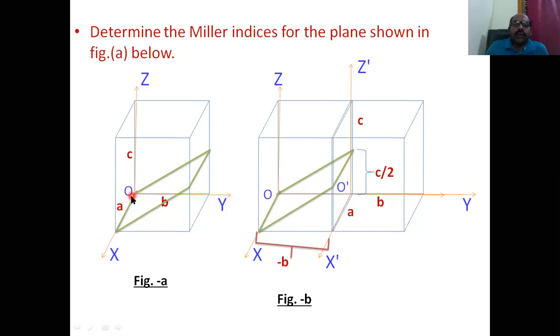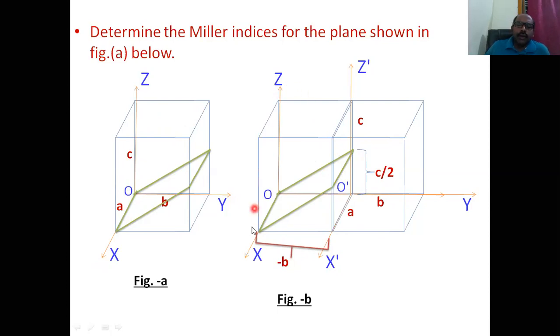Here our origin is O, identified here, with the x-axis, y-axis, z-axis, and this is our unit cell. Given the unit cell, this is the identified plane. Now we translate our origin to the adjacent unit cell. I am taking the adjacent unit cell on the right-hand side.